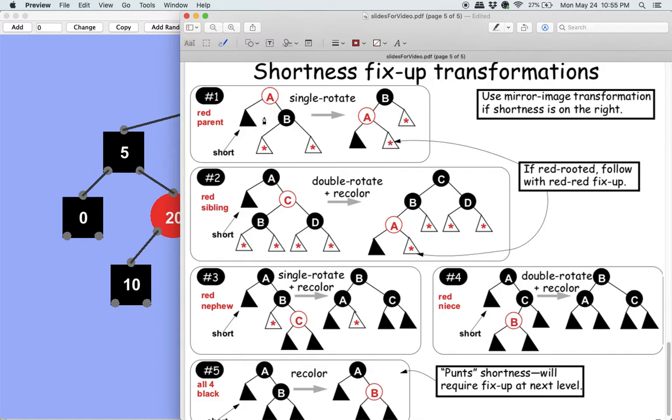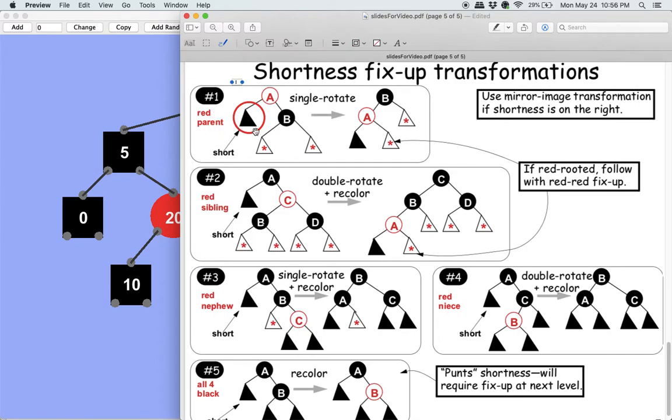So in this case, we can see that there's a shortness here because these 3 guys all have the same black height, but these 2 have a black node above it, and this guy doesn't have a corresponding black node. Therefore, by definition, this subtree has a shortness. Okay, so this is number 1. This is the red parent case.